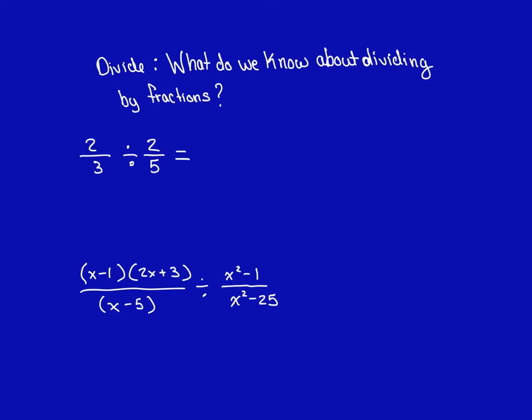Alright, so what do we know about dividing fractions? Dividing fractions is actually, you have to rewrite it as multiplying by the reciprocal. But another way that I heard this phrase is keep it, switch it, flip it.